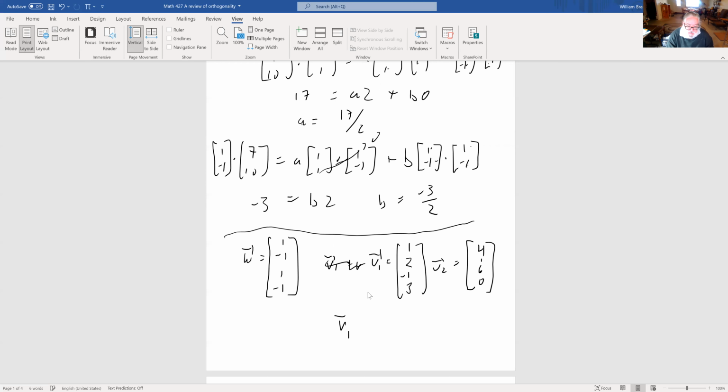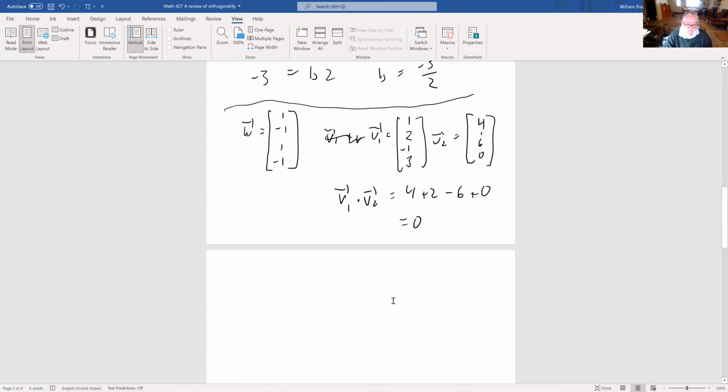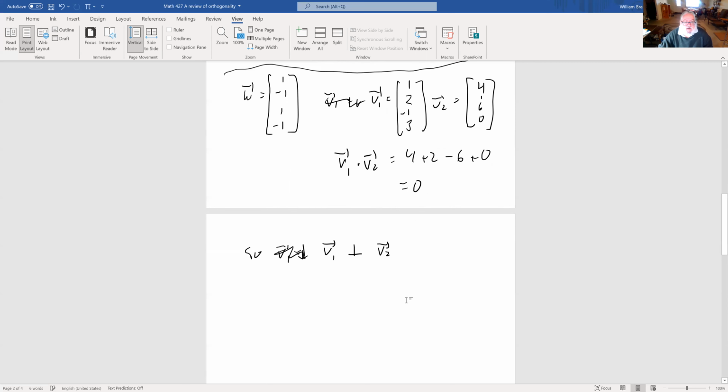So V1 dot V2 is going to be 4 plus 2 minus 6 plus 0 equals 0. So V1 and V2 are perpendicular to each other. Good. So what does that tell us about W?